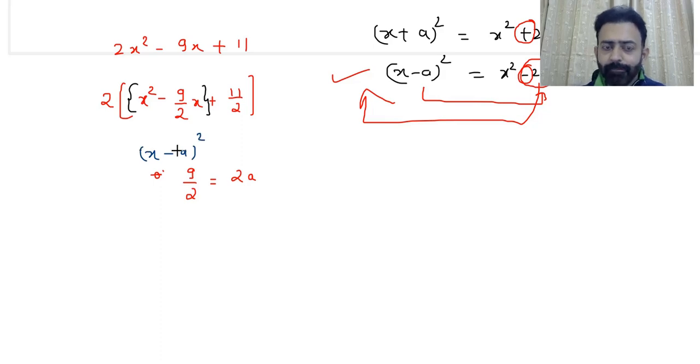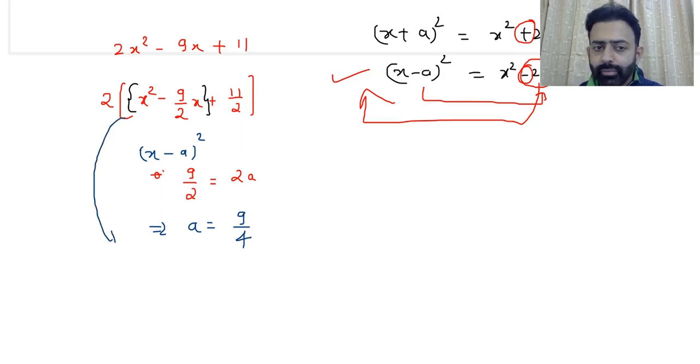You will agree with me, right? So what will be the value of a? If I open up x minus a whole square, it will be x square minus 2ax. I have x square here and I will get minus 2ax. So 2a is 9 by 2, and from here I will get the value of a as 9 by 4.